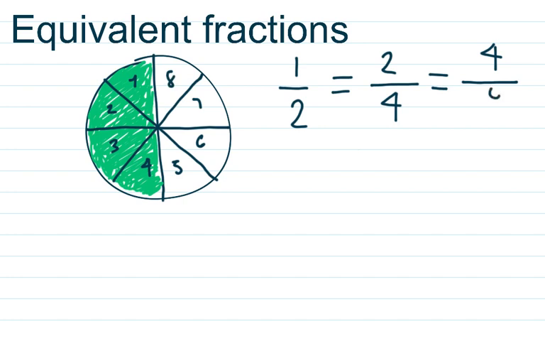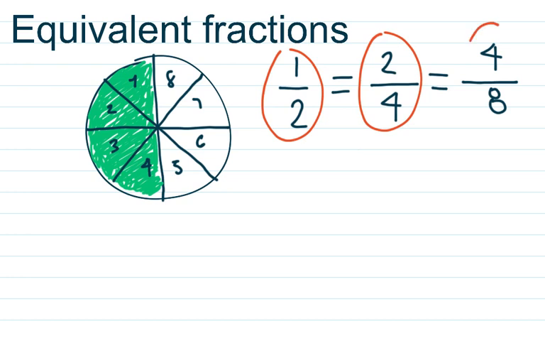So my denominator is going to be 8. That means that 1/2, 2/4, and 4/8 are equivalent fractions. All of them are showing the same exact shaded area.